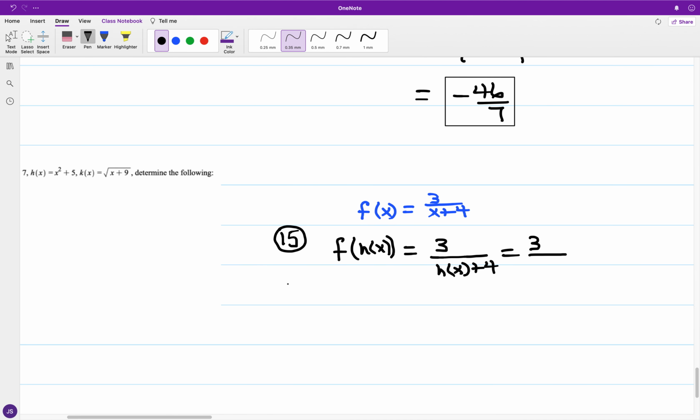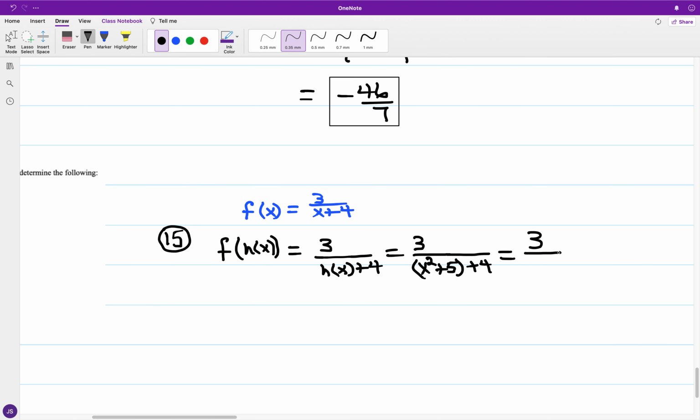So h of x, we have x squared plus 5. Followed by the addition of 4. And so with the final output, you have 3 over x squared plus 9.